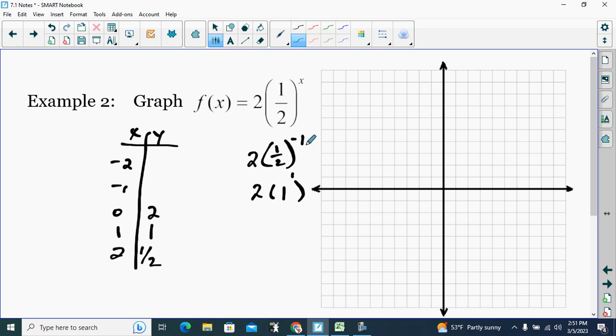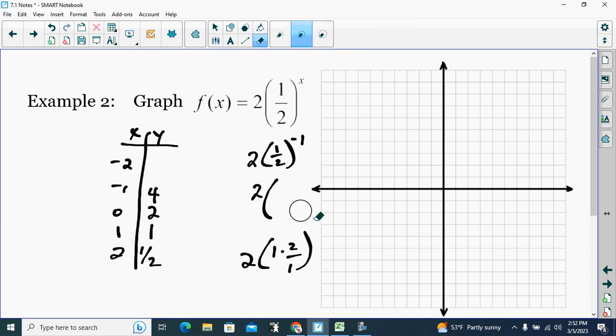Plugging in -1, 1/2 to the negative first. Couple different ways you could think about it. Negative exponents get moved down to the bottom. So I have 1/2 on the bottom. I have 1 divided by 1/2. Dividing by a fraction is the same as multiplying by the reciprocal. So this is 2 times 2, which gives me 4.